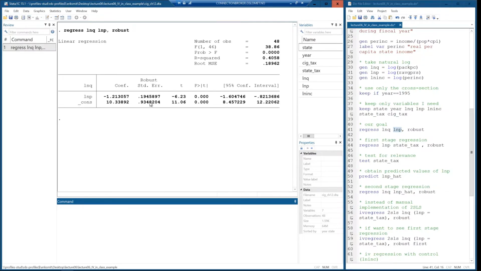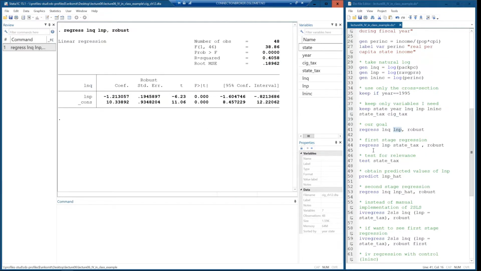So here we see that our coefficient on the log price is negative 1.21, which means that if price increases by 1%, then we would expect a negative 1.2% decrease in the quantity.